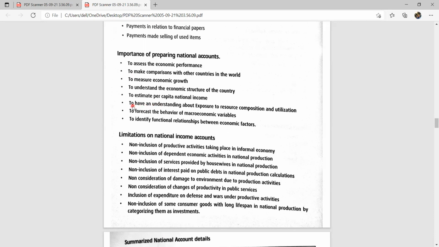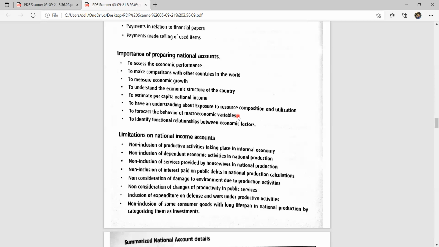Is really weak. Next one, to have an understanding of resource composition and utilization, the structure of the utilization of resources and total resources of the economy, and to forecast behavior of macroeconomic variables. Whether the economy is good or bad, everything can be revealed by considering the country's national accounts. We had minus 3.6 economic growth, in other words recession, in 2020, the largest downfall of the economy.